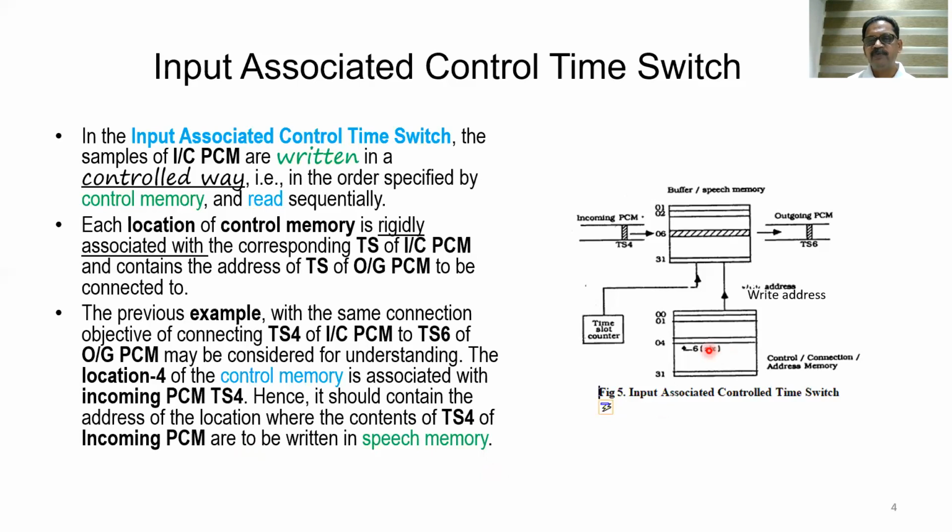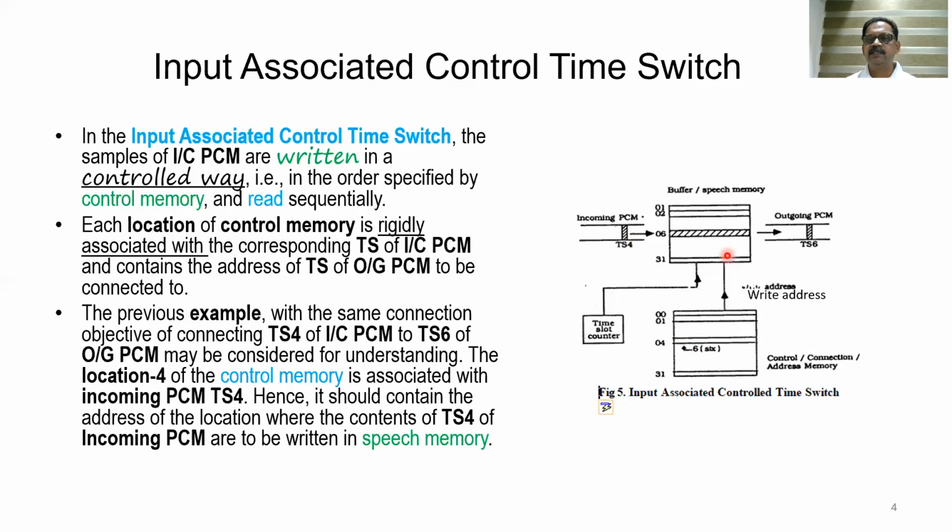Since there is a mapping between TS4 of incoming PCM and control memory location 4, this decides where the information of TS4 is to be written in the speech memory.